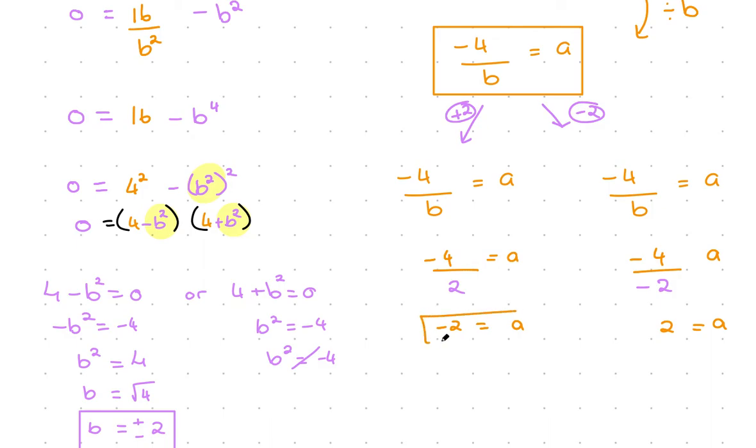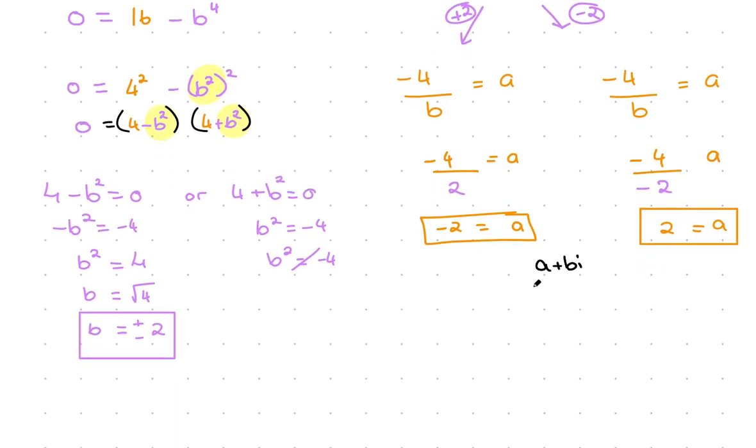So what we have here is our a and our b for the two complex numbers that we were trying to find. Remember, I said at the beginning that a plus bi was what we were trying to find. And a plus bi now in each scenario is different, but we've got minus 2 for a on this side, and that happened when b was equal to plus 2, so plus 2i.